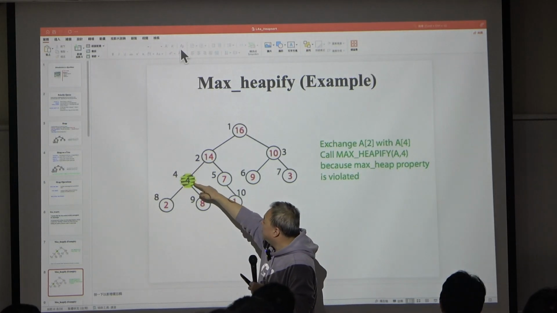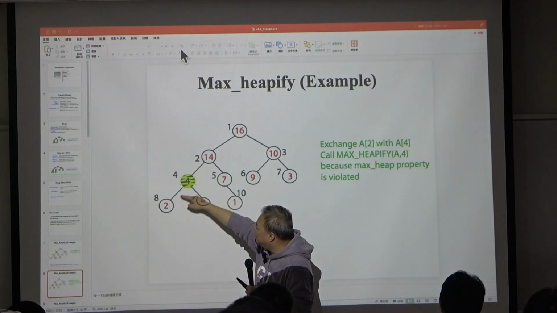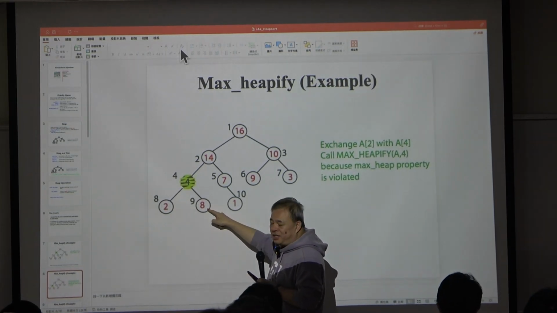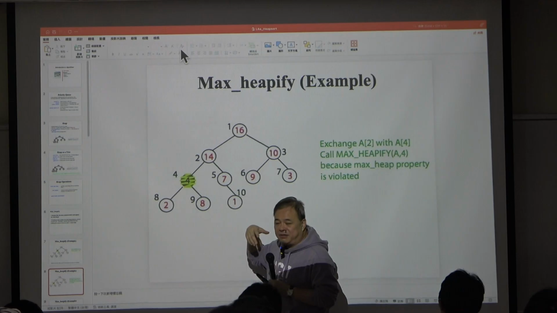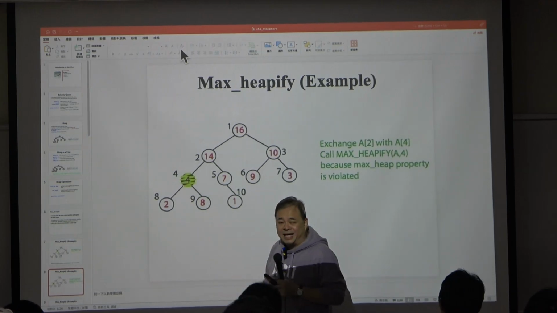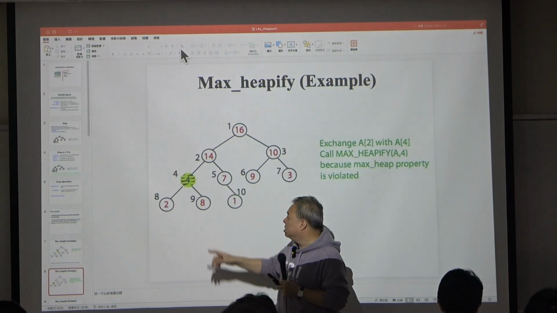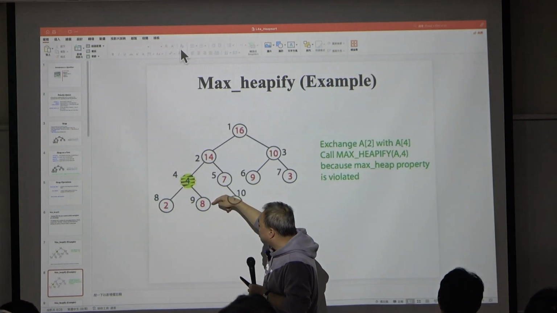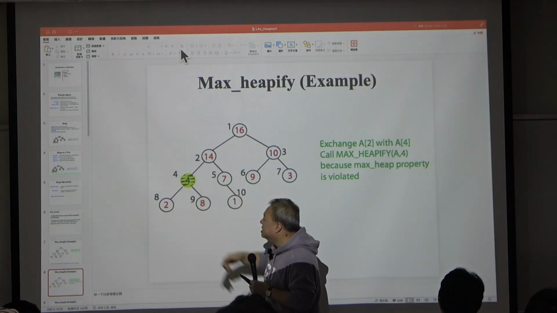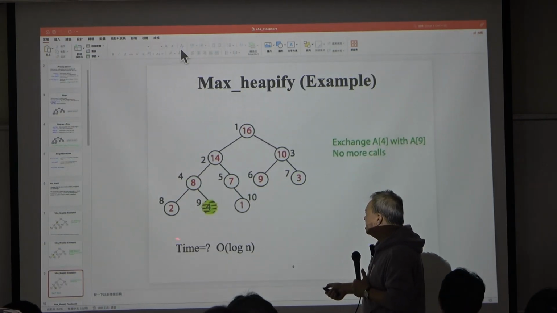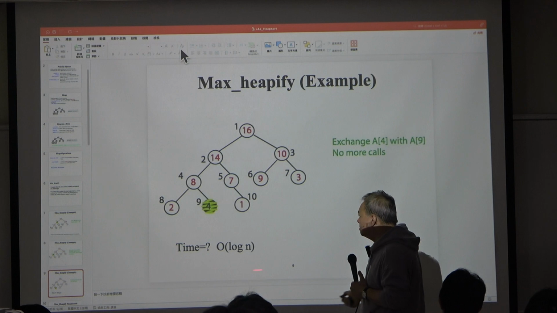In this case, 4 is bigger than 2, that's good, but it's not bigger than 8, right? So again we promote the larger value of its children to the top. We need to do a swap between 4 and 8. So eventually, it's going to be like this.